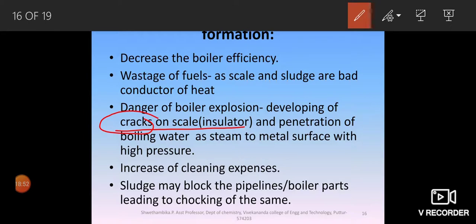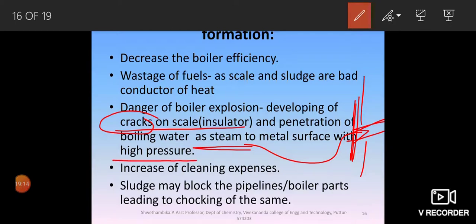Scale would develop some cracks, and then water would be continuously boiling and steam will be produced. Now suppose this is the boiler body and here we have the thick deposition of the scale, and here some cracks are developed. The steam will suddenly enter the cracks with very high pressure. And what is the state of the boiler body now?